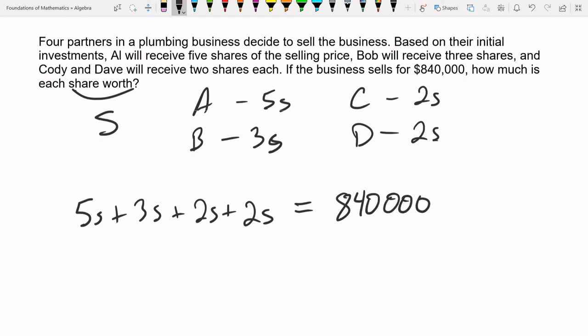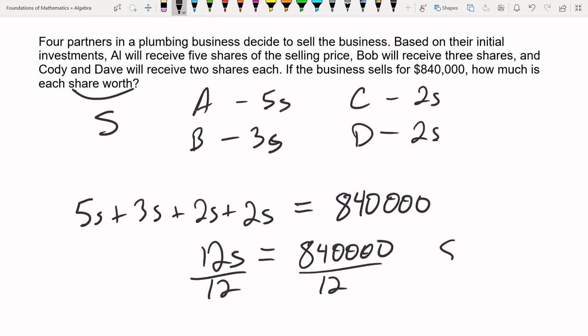We have a single variable here, so we just need to combine them and solve the equation. 5 plus 3 is 8, plus 2 is 10, plus 2 is 12. So combining like terms gives us 12s. Now all we have to do is divide by 12. So each share is worth $70,000.